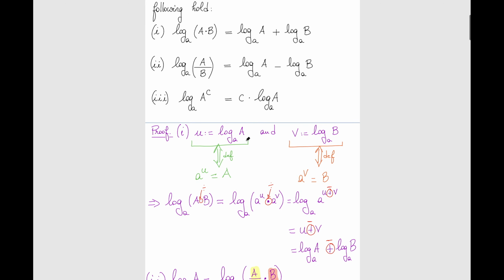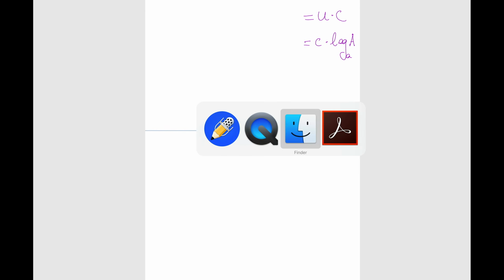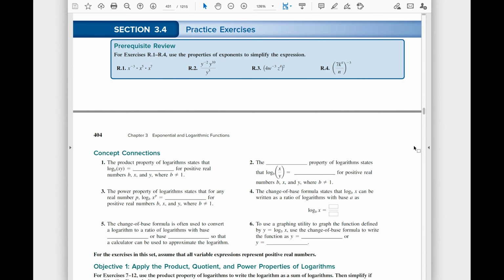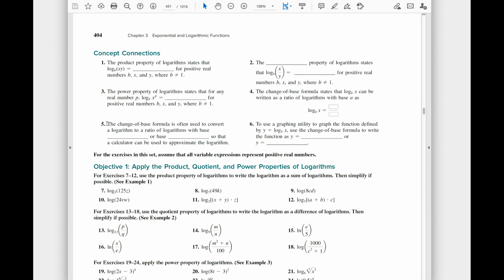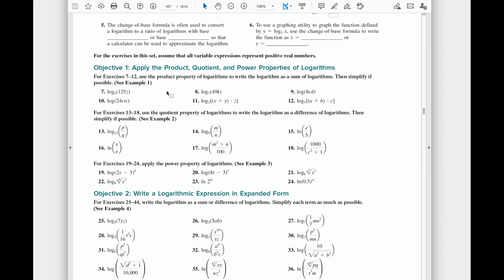Okay. All right, let's put these in action. Let's go to the book. This is section 3.4, page 404. And let's do one of these from 7 to 12. Let's see the question. Use the product property of logs, property 1 in our discussion, to write the log as a sum of logarithms, then simplify if possible.